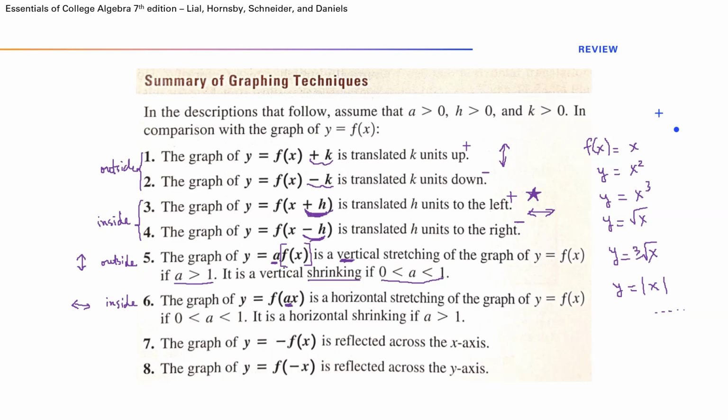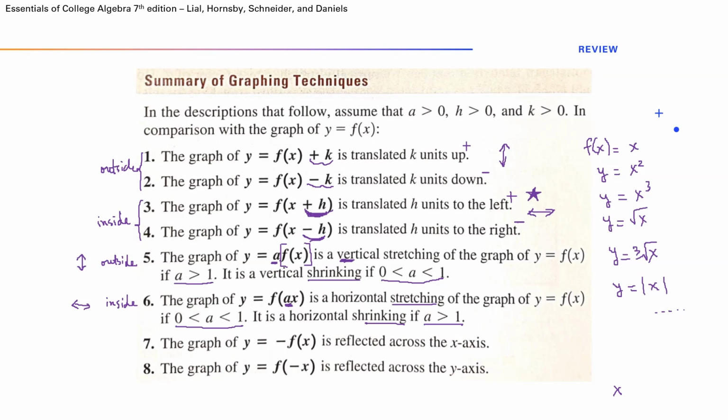And we have the factor a. The horizontal stretching will be when a is between 0 and 1. Shrinking is when a is greater than 1. So it's always opposite of the vertical one.